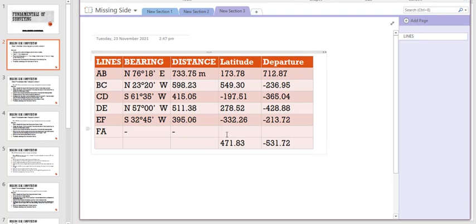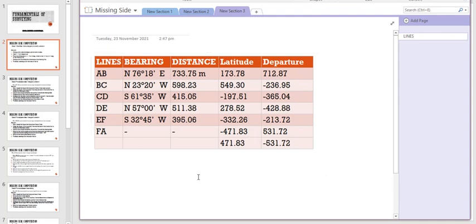So to balance it, the latitude of line FA is 471.83, and that would be negative. Then the departure is negative, so the closing departure is positive 531.72. So we have the latitude and departure.